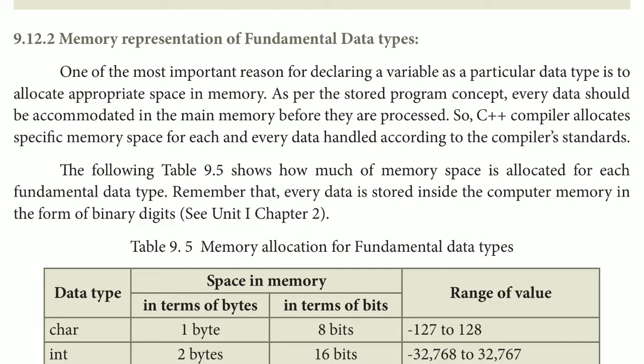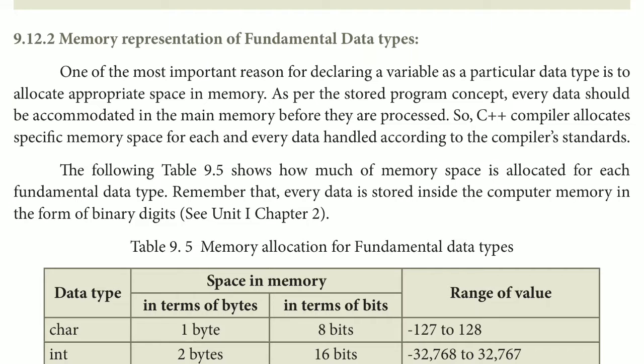One of the most important reasons for declaring a variable as per data type is to allocate appropriate memory space in the memory. The main aim of declaring a variable is to allocate some memory space for that particular data.